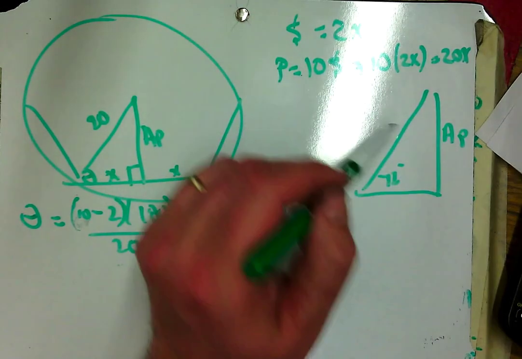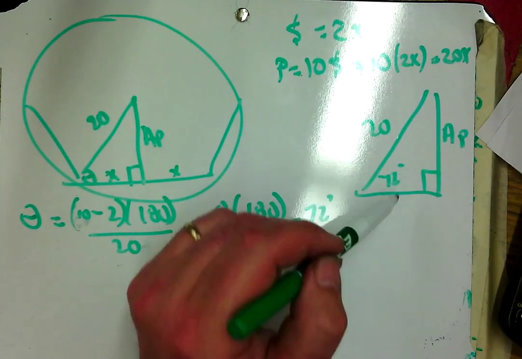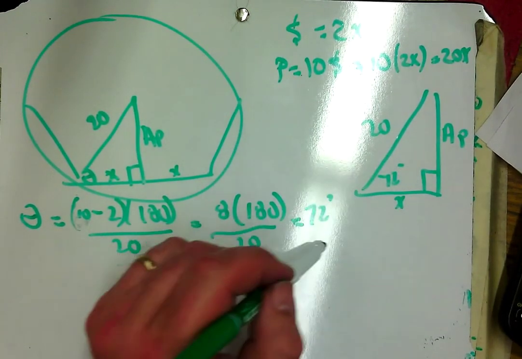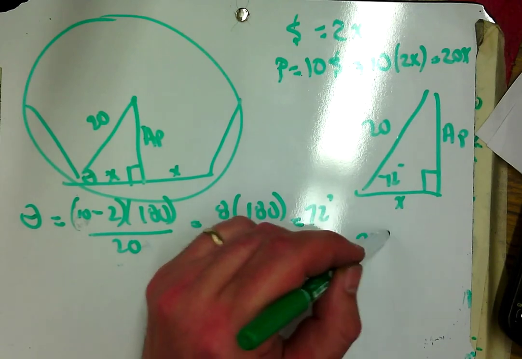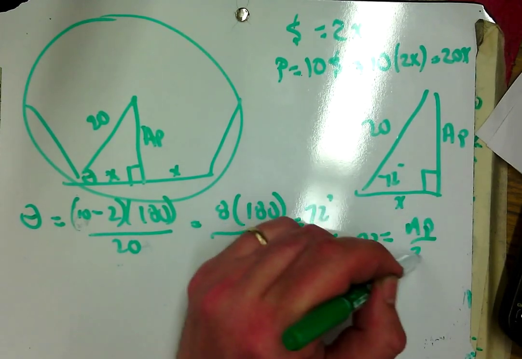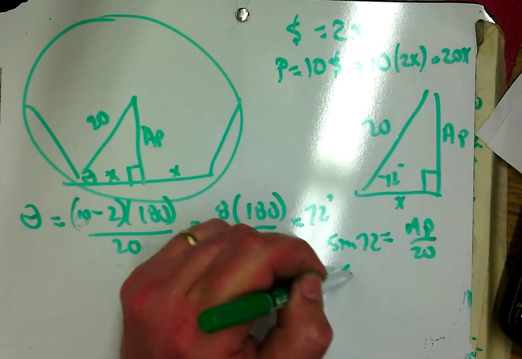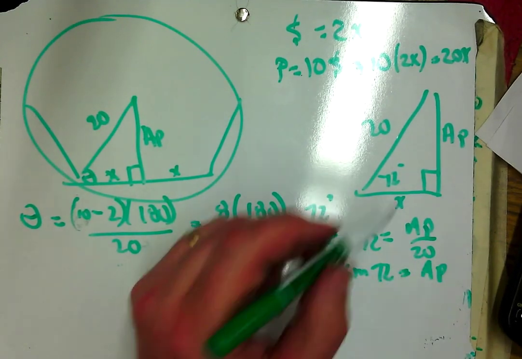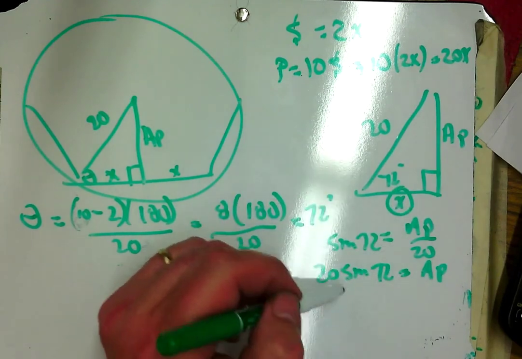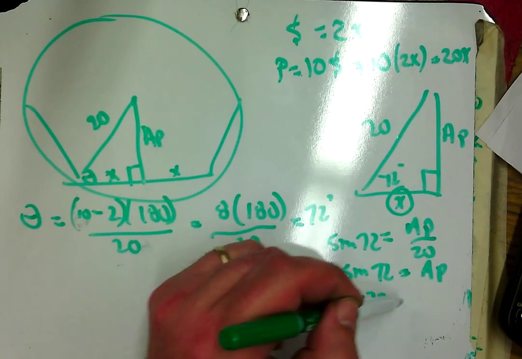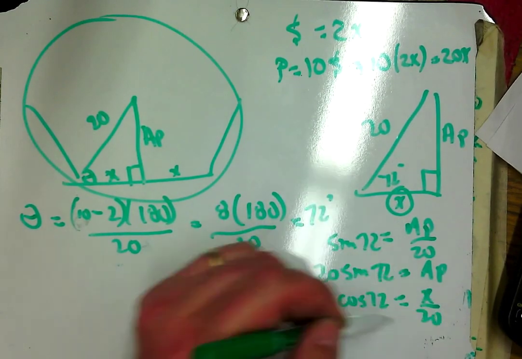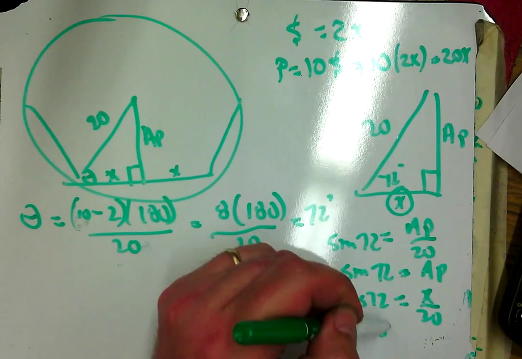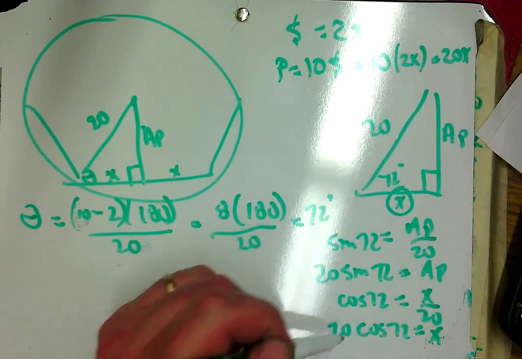There's the apothem, here's 20, and here's x. Using sine of 72, I get apothem over 20, or 20 sine 72 equals apothem. If I want to use cosine, I can find x. Cosine 72 equals x over 20. 20 cosine 72 equals x.